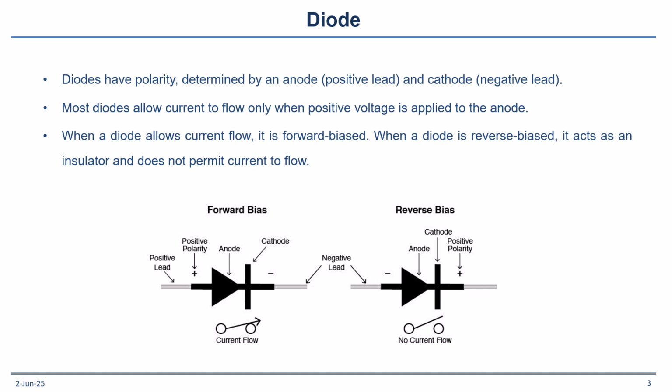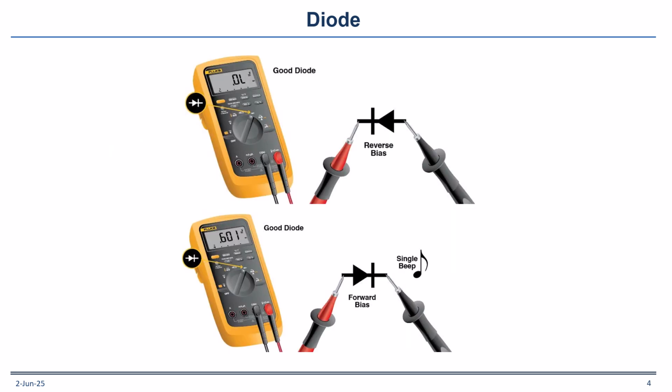And this is a diode. We have a cathode and an anode, and we have two polarities, positive and negative. If we have positive polarity going through this side, it will go, and if we have negative current, it cannot go. For example, if you connect a voltmeter across the diode, you can see that the resistance is, for example, 0 in this direction, and in the other direction it is infinity.